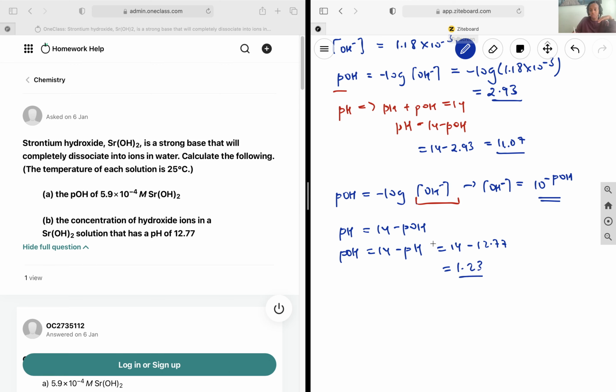And so to get the concentration of hydroxide ions, it's going to be 10 to the power of negative 1.23. And that is going to give us a final answer of 0.0589 molar. And that's going to be our final answer.